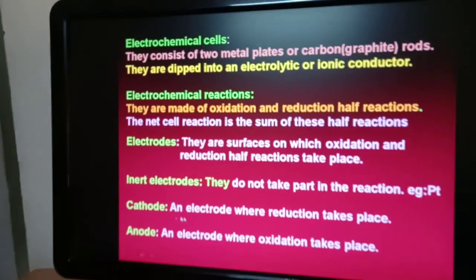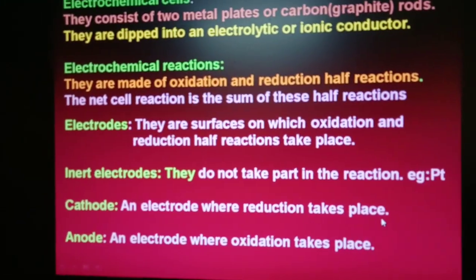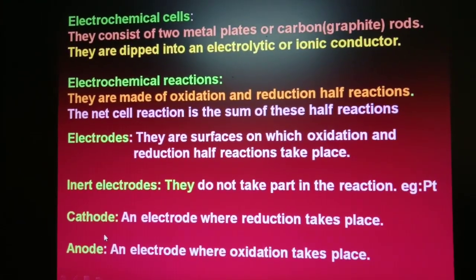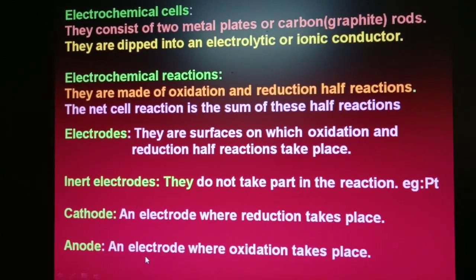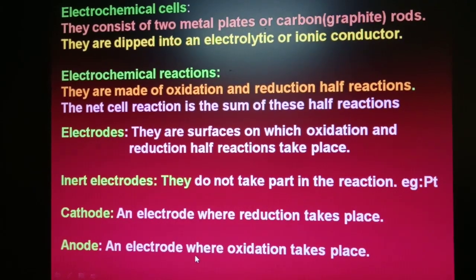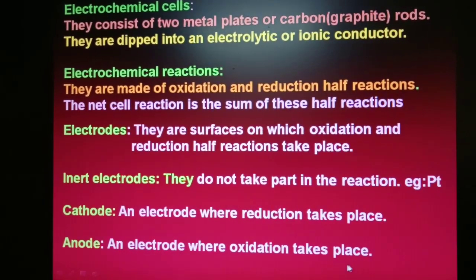For example, if a hydrogen gas electrode, chlorine gas electrode or oxygen gas electrode is used, platinum is used as an inert electrode in order to provide electrical contact. Now let us see what is a cathode. An electrode where reduction takes place is called a cathode. Anode is another type of electrode, where oxidation takes place.